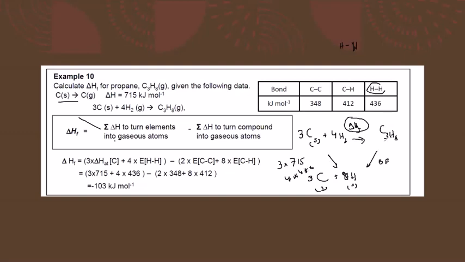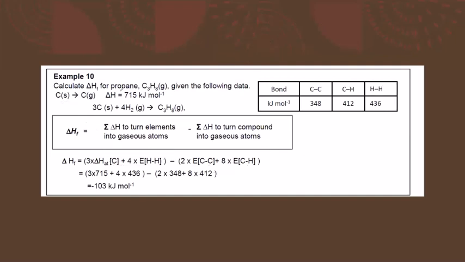And for the bonds in C3H8, there are 3 carbon atoms and 8 hydrogen atoms. So 2 carbon-carbon bonds and 8 C-H bonds. So this is the bond forming energy and the bond breaking energy. When we take the difference, we'll get the enthalpy change of formation for propane. Is this example clear?